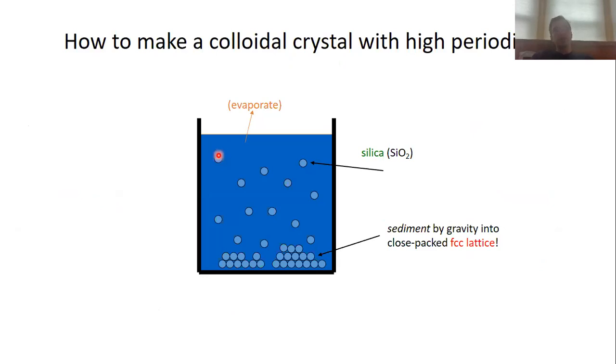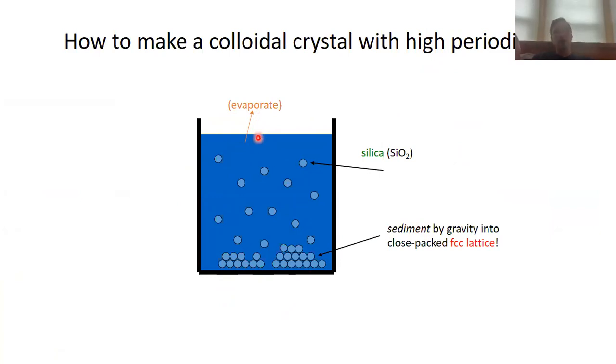So now your next task is to arrange these particles into colloidal crystals with high periodicity. The most simple way is to use gravity. Disperse your particles in a solvent like water, and then you just let the water evaporate.